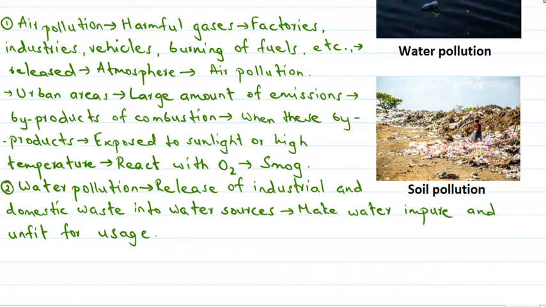Also, washing and bathing in water bodies can pollute the water. Using such untreated water can cause several diseases and can have harmful effects on humans and other animals as well.